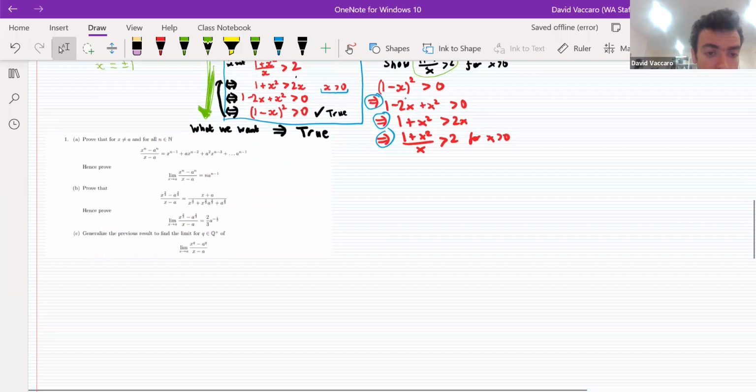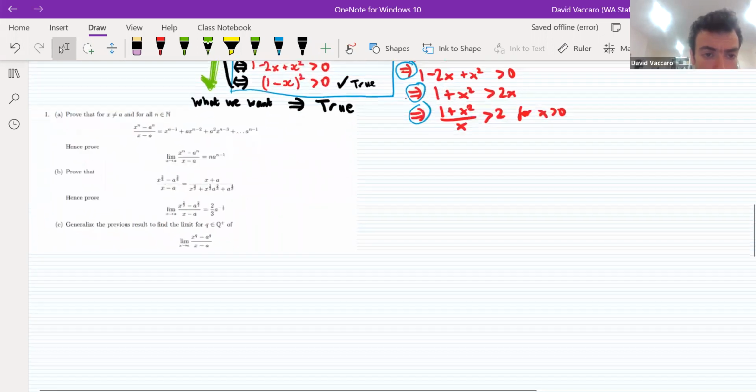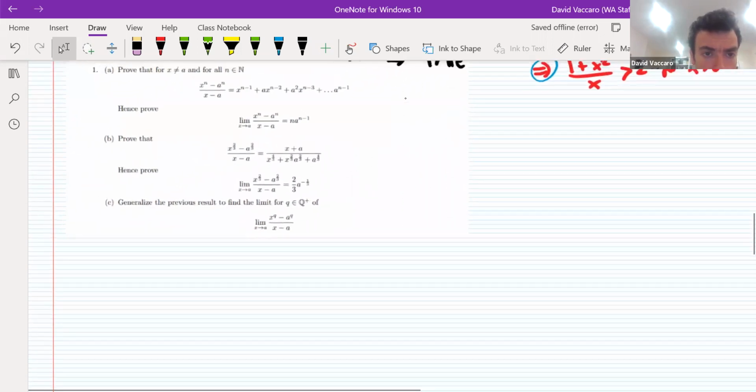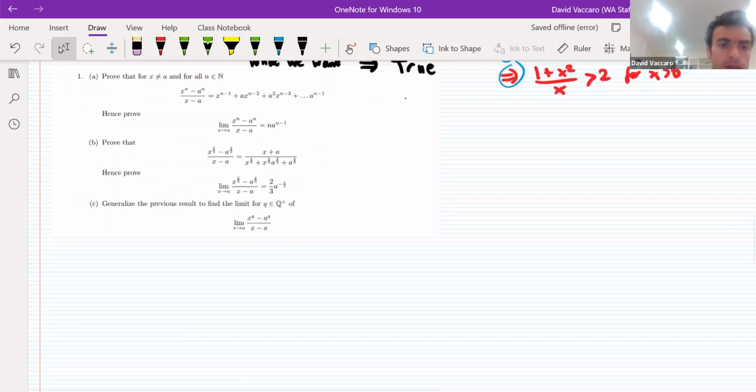Okay, let's have a look at this question. It says, prove that for x not equal to a, for all n in the natural numbers, x to the n minus a to the n over x minus a is equal to x^(n-1) plus a x^(n-2), and so forth.